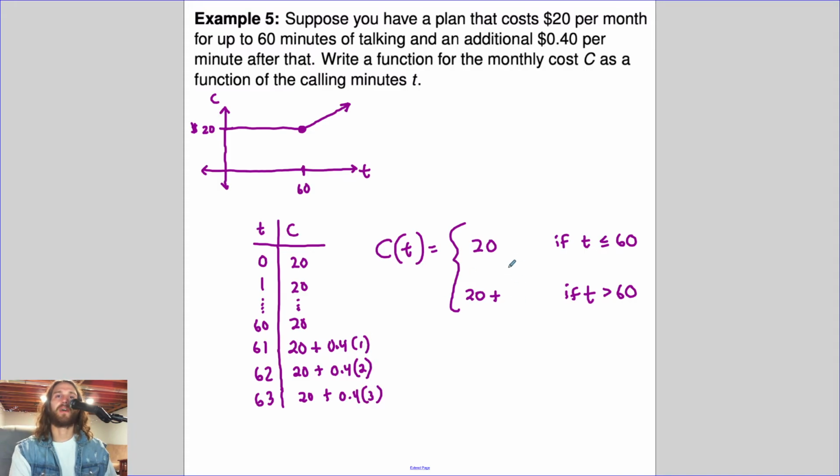So how do we write that mathematically? Well, we say this is plus 0.4, and then whatever we're multiplying 0.4 by is the difference between the number of minutes we talked and 60. So you just subtract 60. You can't put just t right there, because otherwise you'd be putting 0.4 times 61, and that's not right. It's got to be t minus 60.